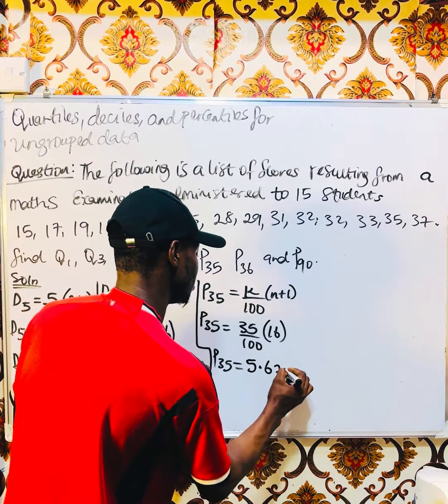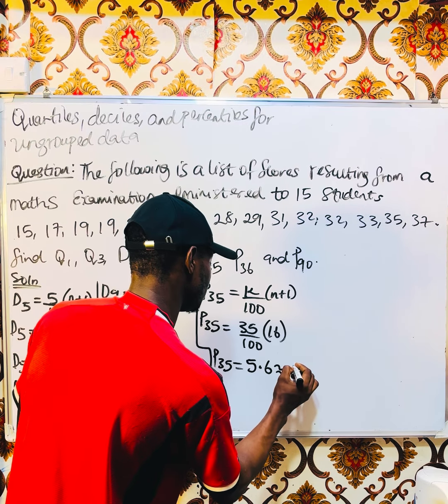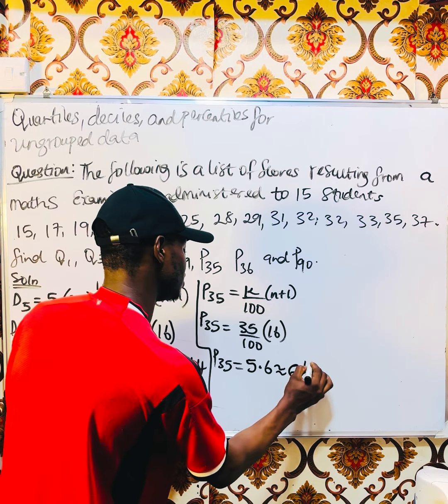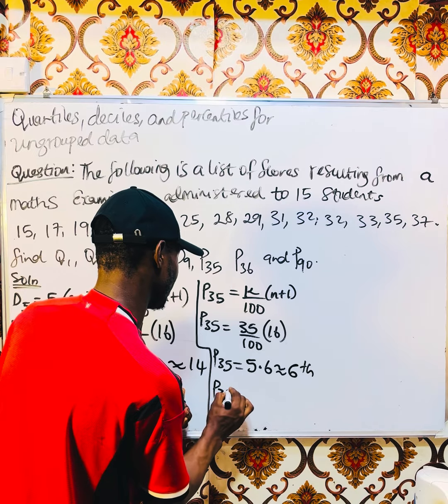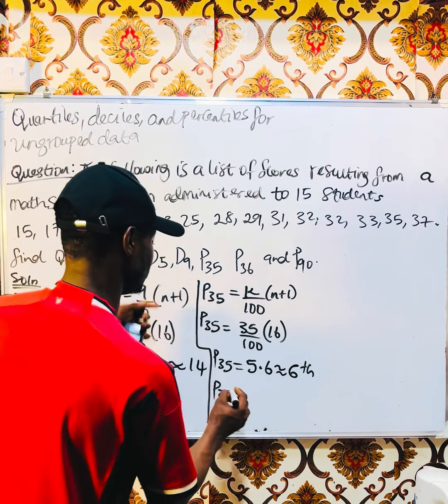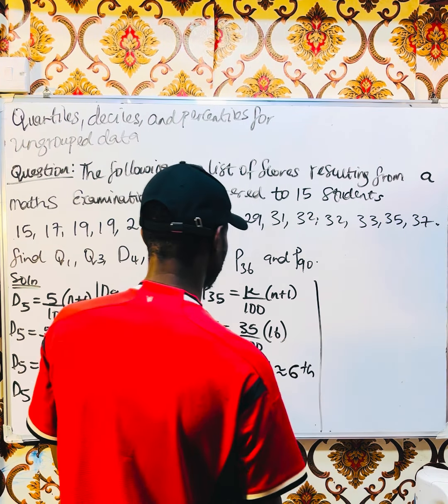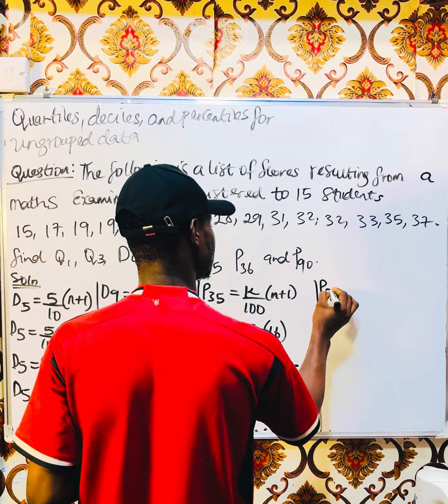So approximately is what? 6, right? So it's in the 6th position. So for P35, let's go for the 6th position. 1, 2, 3, 4, 5, 6, which is 23, right? So that's it.